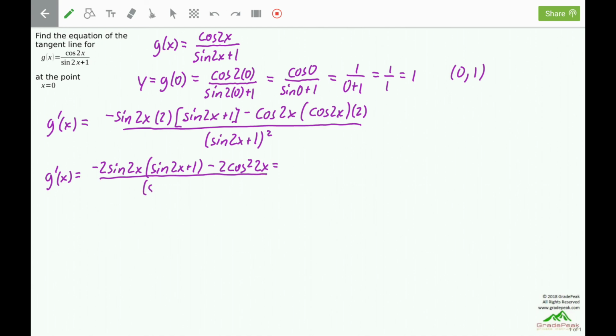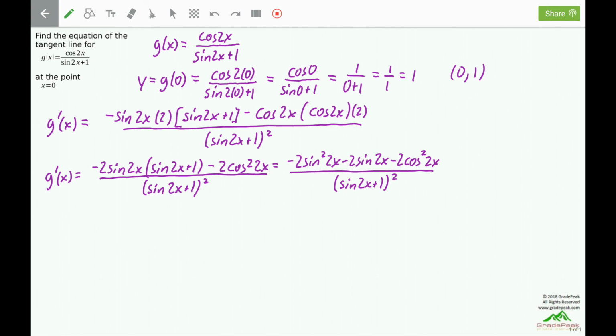All this is over the denominator. We won't do anything with that, just leave that alone. Distributing, I have a negative 2 sine squared 2x, a negative 2 sine 2x, and that negative 2 cosine squared 2x, and all this over the denominator left alone, so sine 2x plus 1 quantity squared.